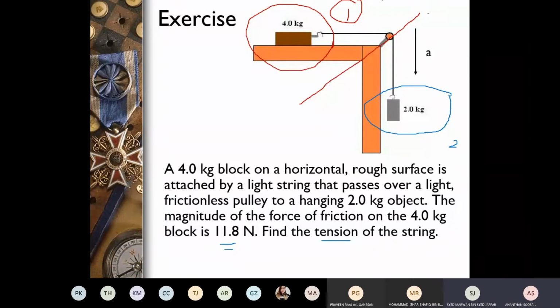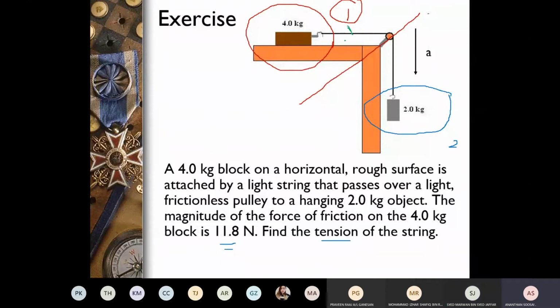Okay, let's go for the first system. For the first system, what are the forces acting on the 4 kg? The tension is acting to the right or to the left? Assuming you are the 4 kg, the string is pulling you to the right.